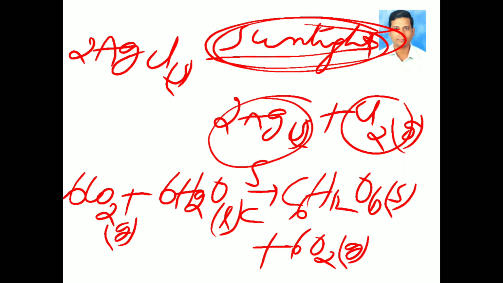So this is glucose and this is oxygen, and here S stands for sunlight and C stands for chlorophyll. Don't write abbreviations.